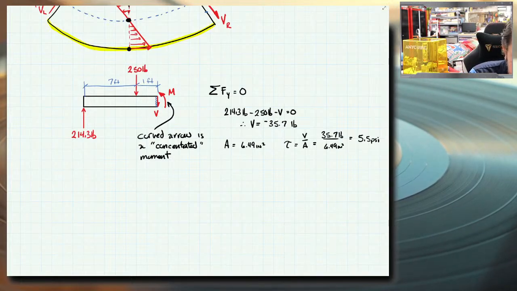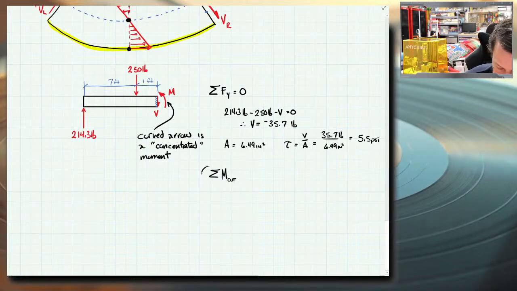So let's write the summation of moments about the cut surface here, 8 feet from the left end point. I'm going to say that clockwise moments are positive, although you might want to use counterclockwise positive because the moment that I drew is counterclockwise, but we can do whatever.